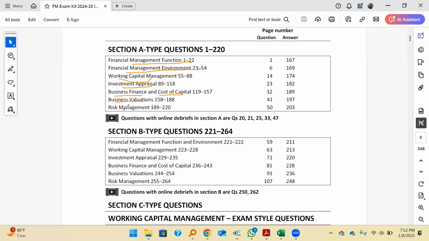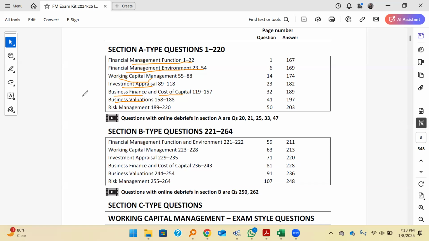Those are the different roles the finance manager will be doing. So we start from what he does and where he does it, and once we know that, we go to each of those roles and see exactly how he does it. That's the logic we are using for this.